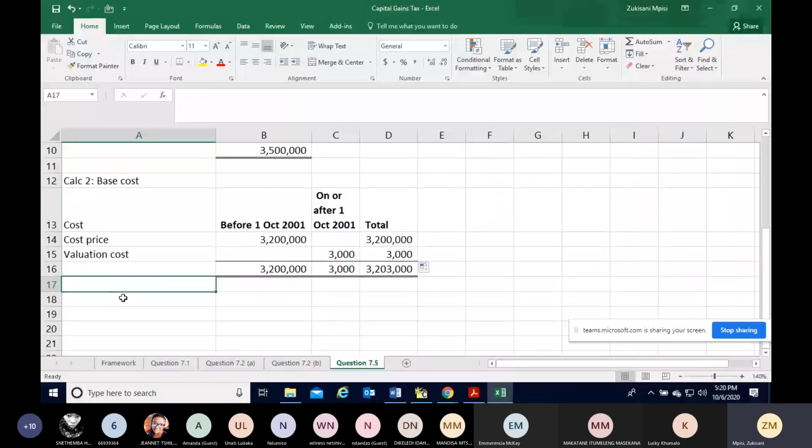And from there, we can apply paragraph 26. What we know about paragraph 26: the proceeds are greater than the total expenditure.